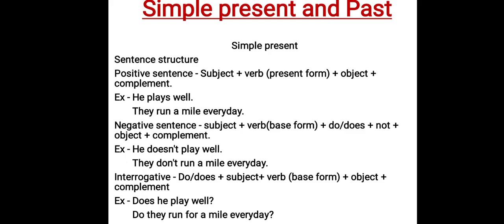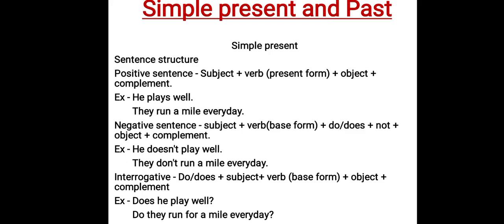I have already taught you that a verb is found in different forms, which are present form and past form as finite verbs, and present participle and past participle as non-finite verbs. So here in simple present tense, we use the present form of the verb. So it starts with subject, then verb, then we use object or complement.